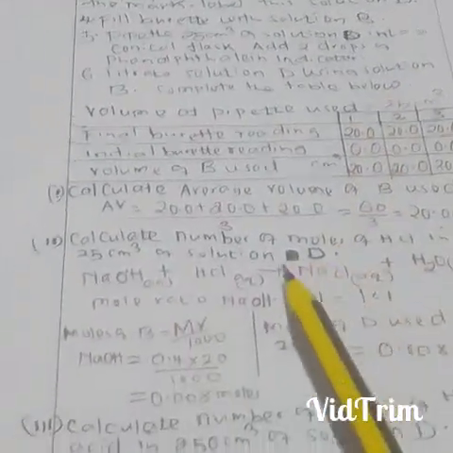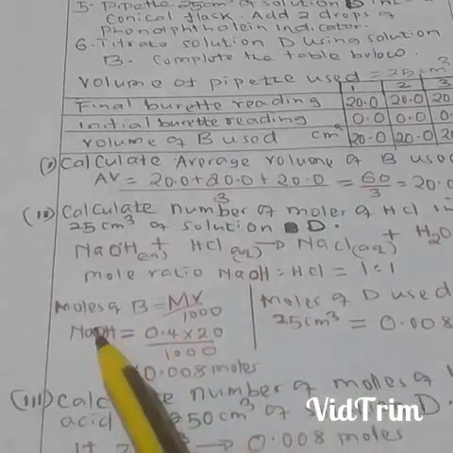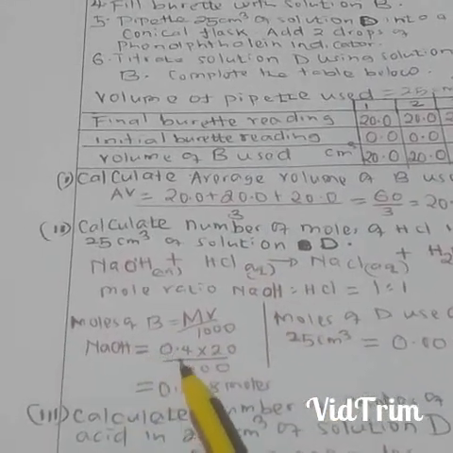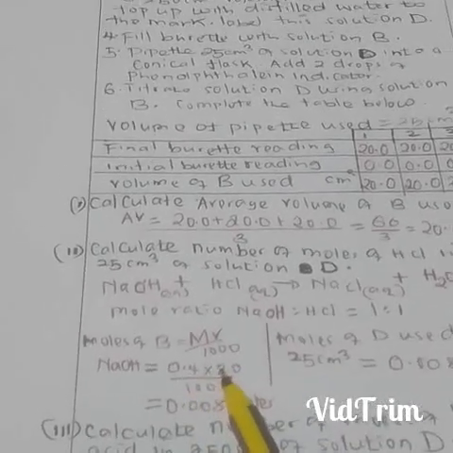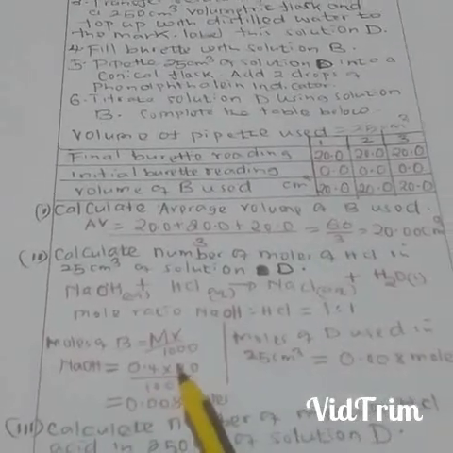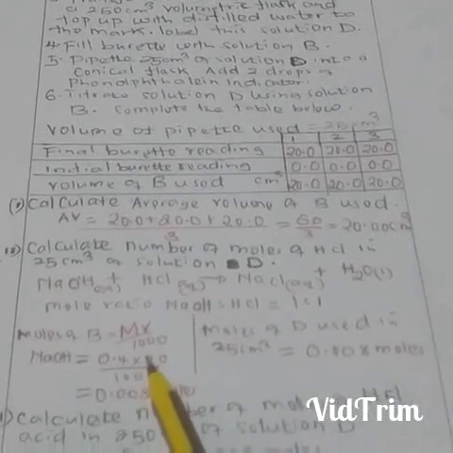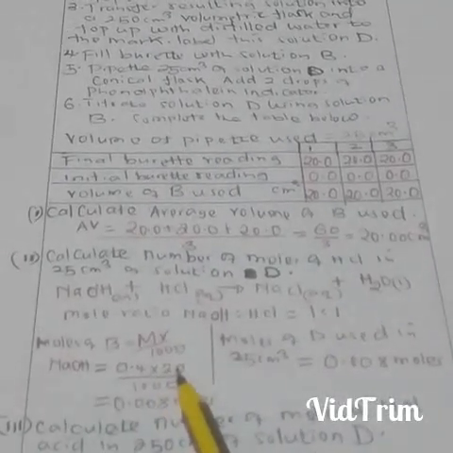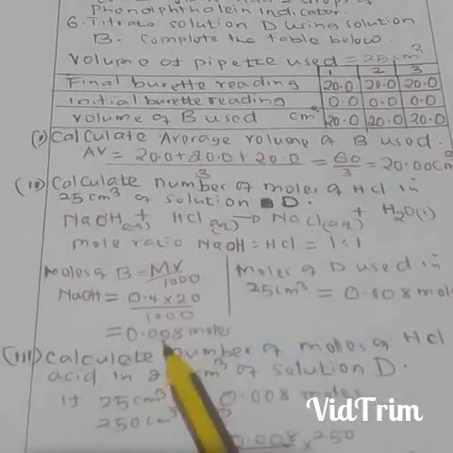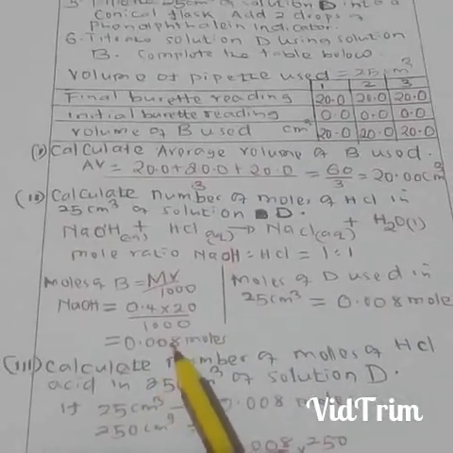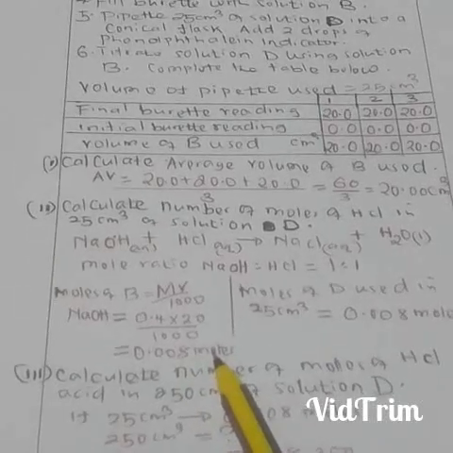Let us come back to that question Roman 2. So to get the number of moles of sodium hydroxide, we get the molarity times volume. Volume of B used, we have calculated from the table. It is 20. The average volume is 20 all over 1000. So if you calculate carefully, you get 0.008 moles. Is it okay?